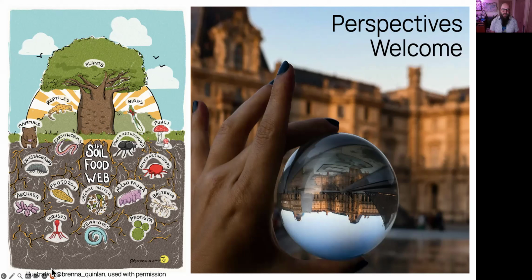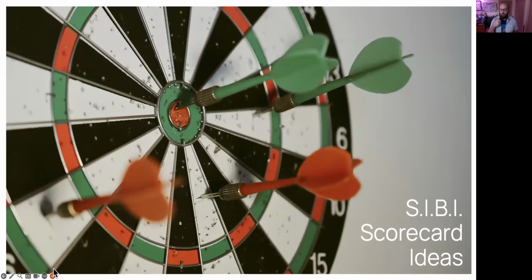And I'm pretty happy with where we ended up, just as an overview of the soil food web. So I want to do something similar for microscopy. And that really is a matter of saying what the targets are going to look like. I hope we're going to get to a place where we're not so focused on measurements, which can be quite biased, but that we have a really good overview.